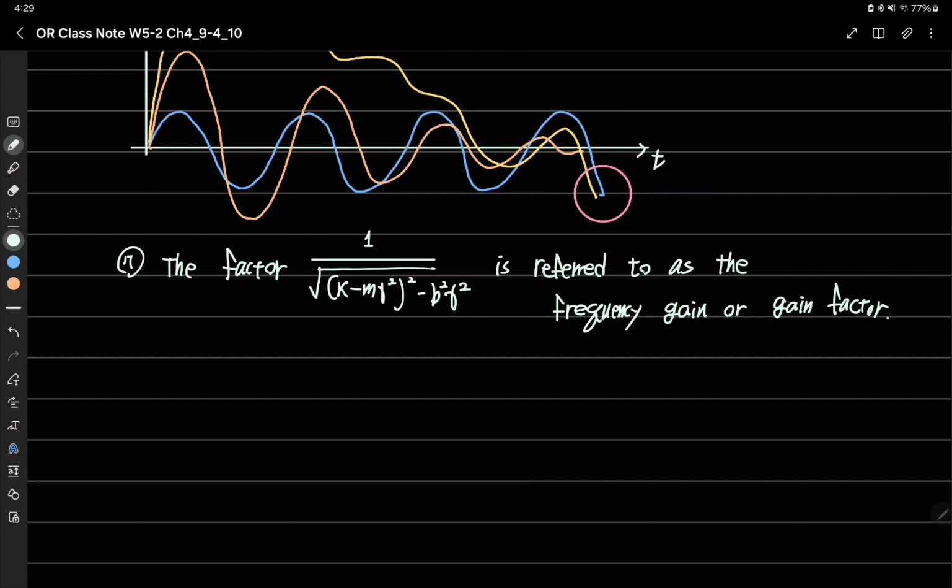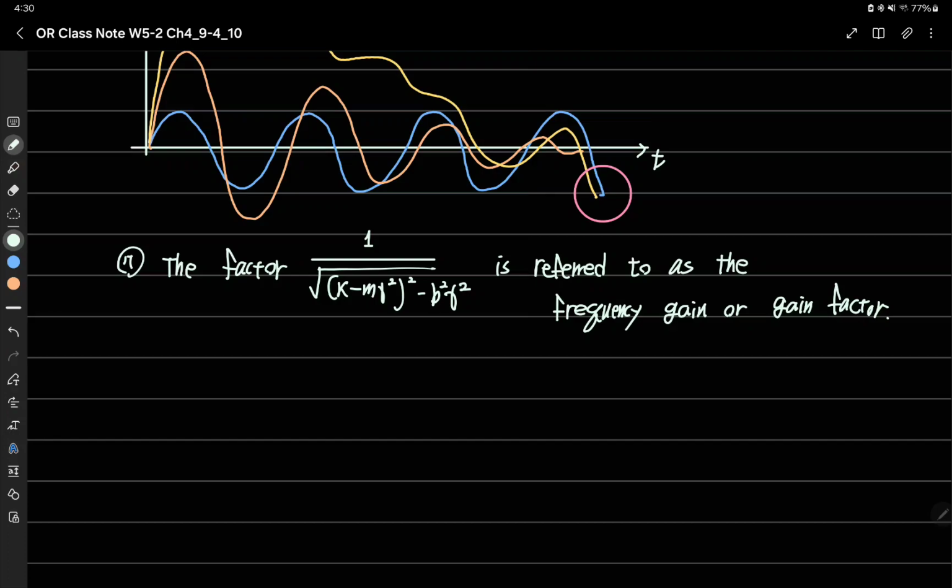So the gain factor depends on the frequency gamma in the external force. It represents the ratio of the magnitude of the sinusoidal response to that of the input force. Please see example 1 by yourself. In that example 1, the external force is given by 20 times cosine 4t.